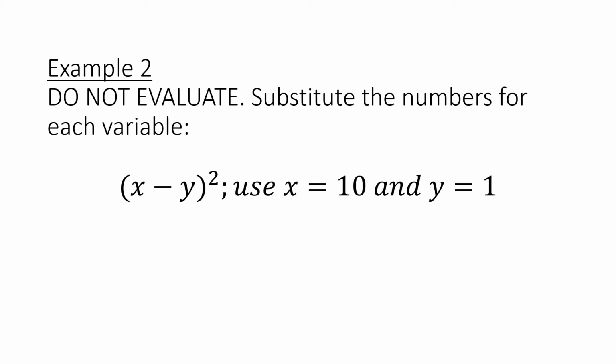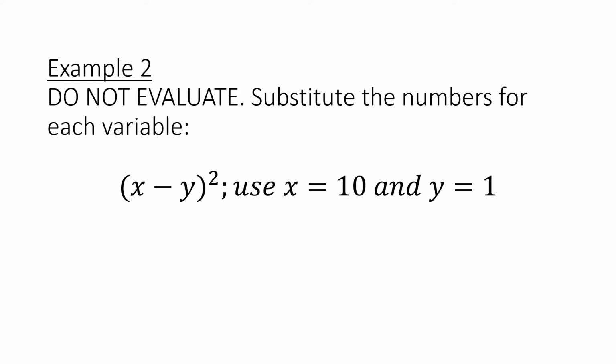So kind of similar in example 2, we're still not evaluating in our first step. We're just going to substitute the numbers for each variable. And remember that we are going to be putting parentheses around those numbers when we do the substitution. So we have x minus y in parentheses, and that's raised to the power of 2. And so we're going to use 10 for x again and y equal to 1.